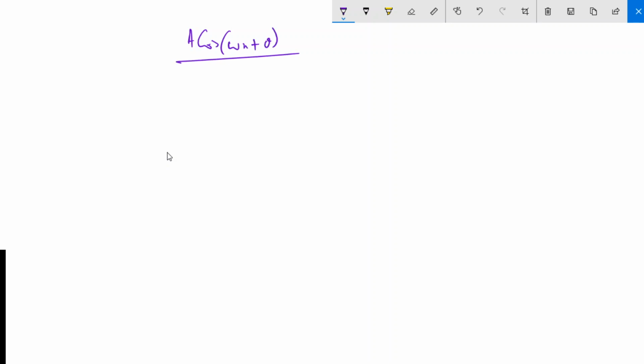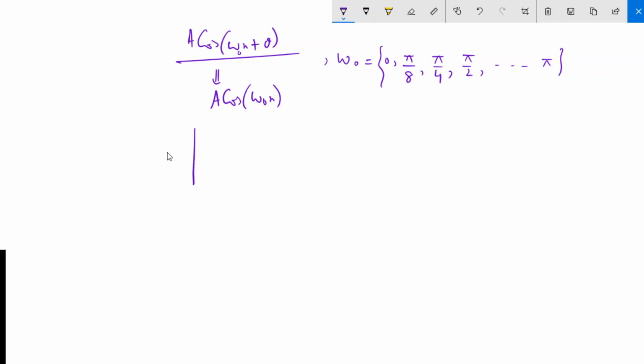If you plot this for different frequencies, I take omega naught specifically: omega naught equal to 0, then increase the frequency to pi by 8, then pi by 4, pi by 2, and so on up to pi. How will the signal look? To make it simpler, just take cos of omega naught n, and I am omitting the phase here. When omega naught is 0, you are getting a constant signal. Cos 0 is 1.